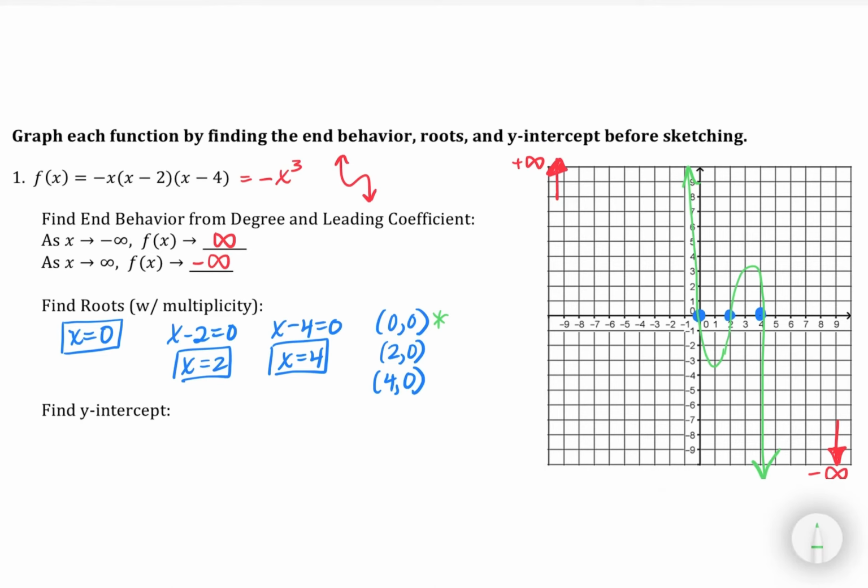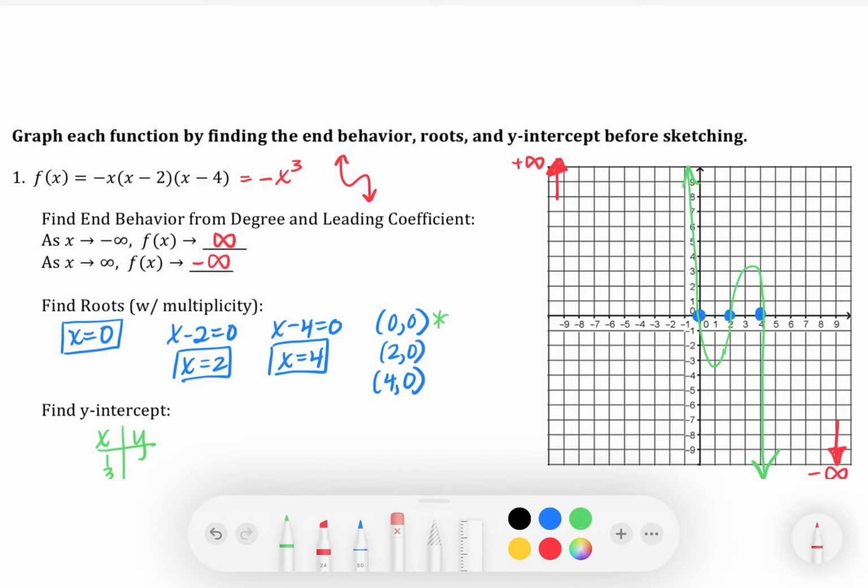So I'm going to make a little table and I'm going to plug into the equation above. I'm going to plug in just 1 and 3. Make this a little bit smaller so we can see it. So I'm going to start by plugging in 1.